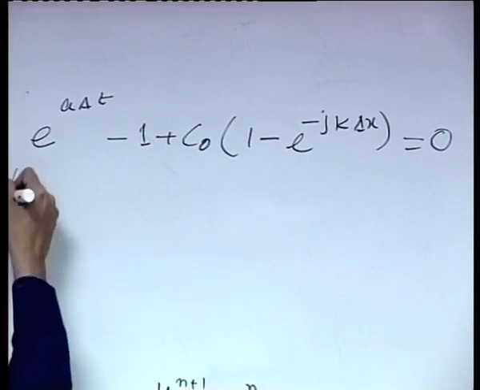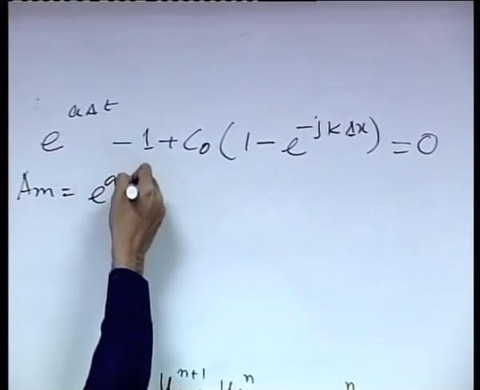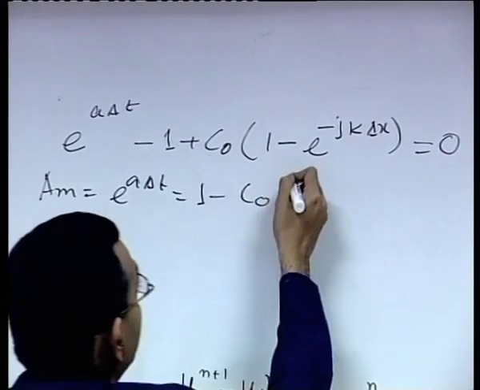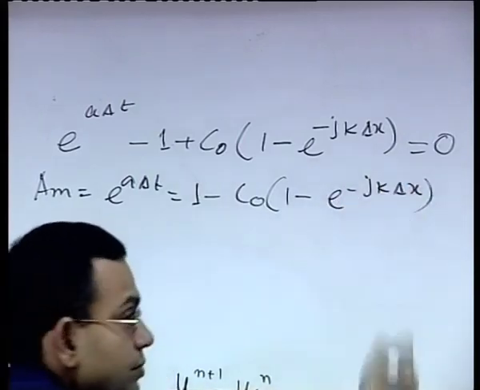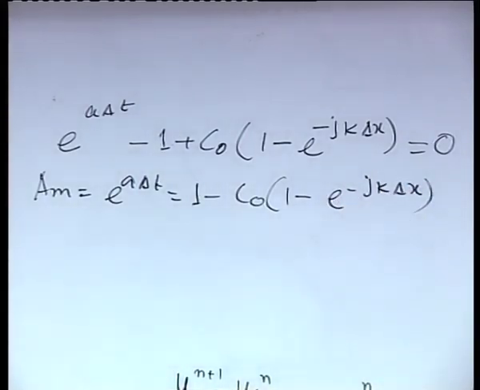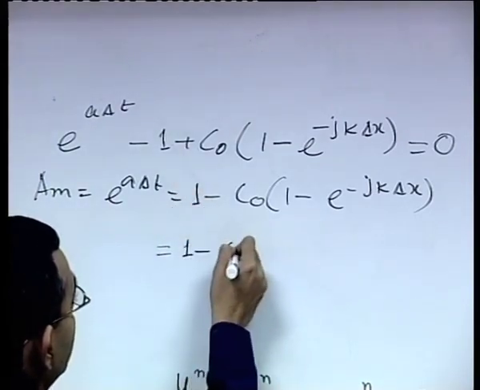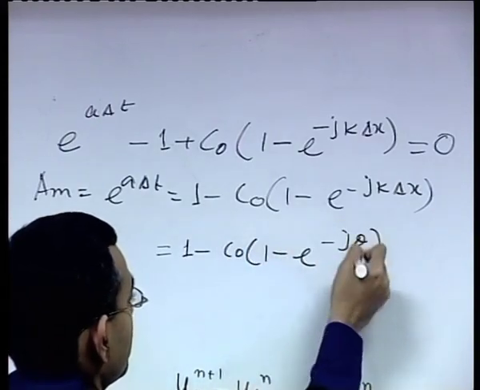So the amplification factor is e to the power a delta t equal to 1 minus Courant number into (1 minus e to the power minus j k delta x), that is 1 minus Courant number into (1 minus e to the power minus j theta).